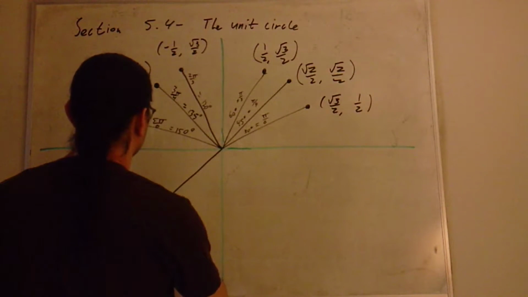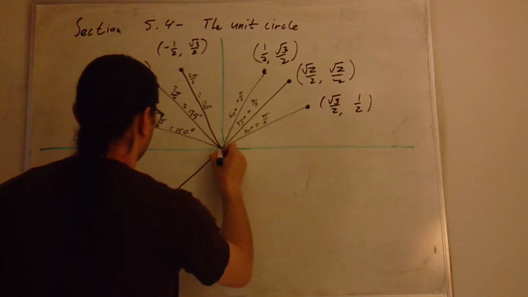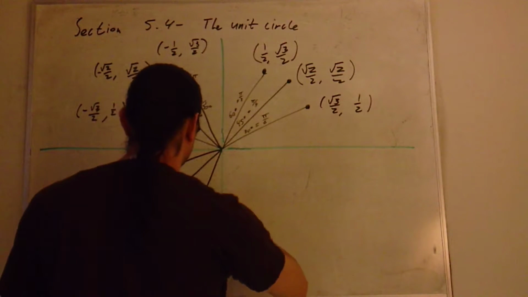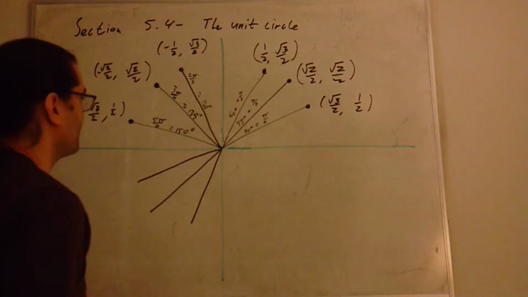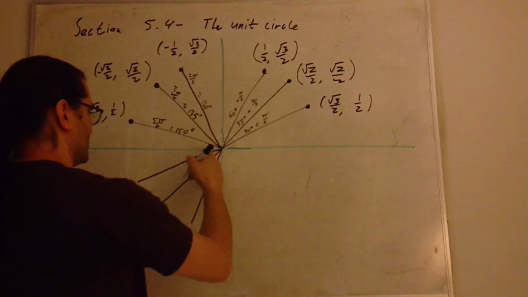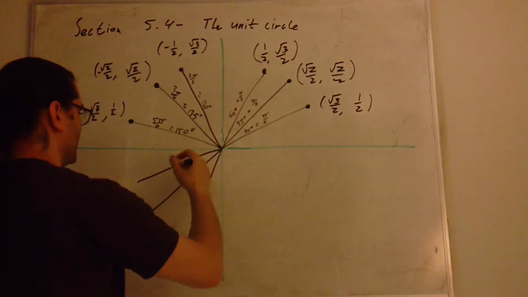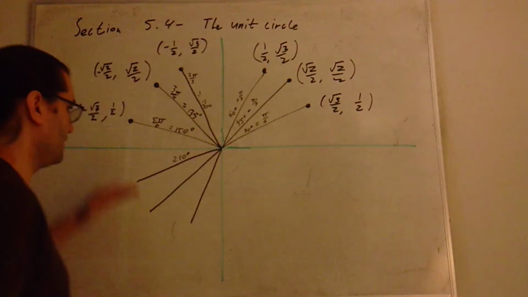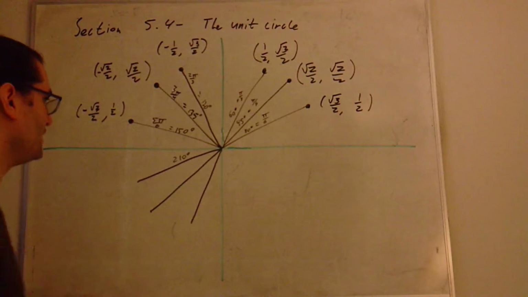I have 45 coming right down in the middle. We want the 30-degree reference angle coming out here, and we want the 60-degree reference angle coming out down there. So to get this 30-degree reference angle, I need to use 210 degrees, so 30 degrees past 180.